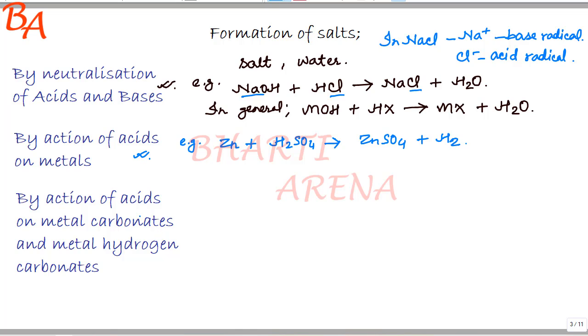Next, formation of salt by action of acids on metal carbonates and metal hydrogen carbonates. By action of acids on metal carbonate or metal hydrogen carbonate, salt is produced along with carbon dioxide and water.